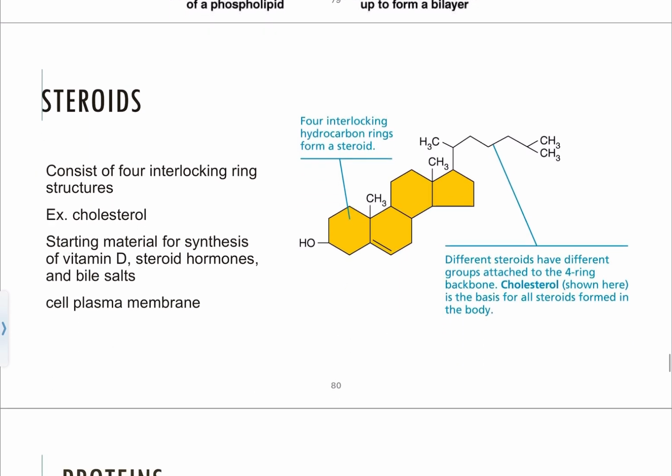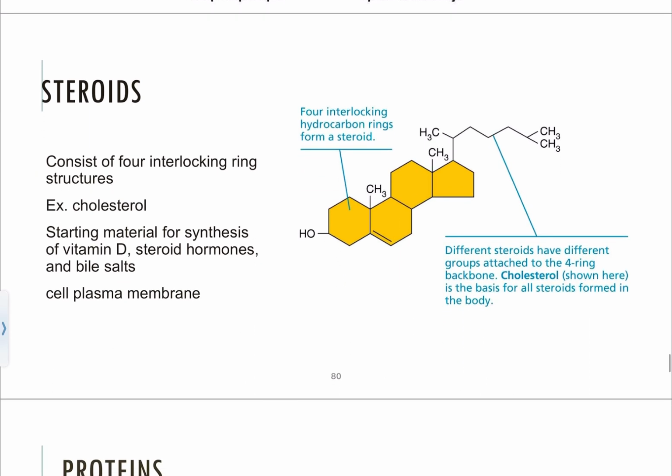Another type of lipid falls in a category called steroids. One prominent example of a steroid is cholesterol, and this is the structure of cholesterol over here. It is 4 very rigid ring structures linked together. We don't have any fatty acid chains, we don't have a glycerol, and we don't even have a phosphate.